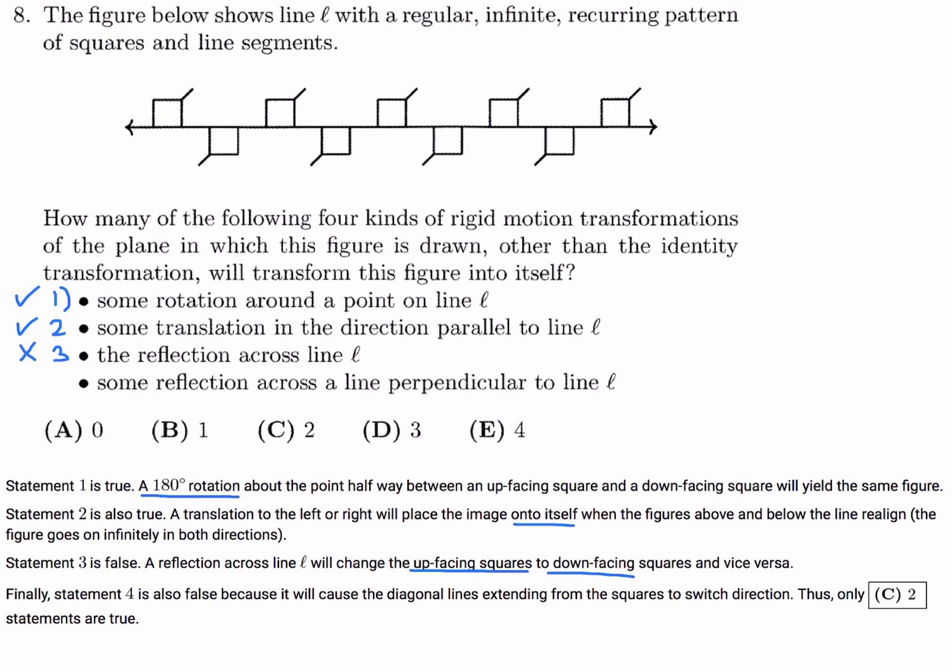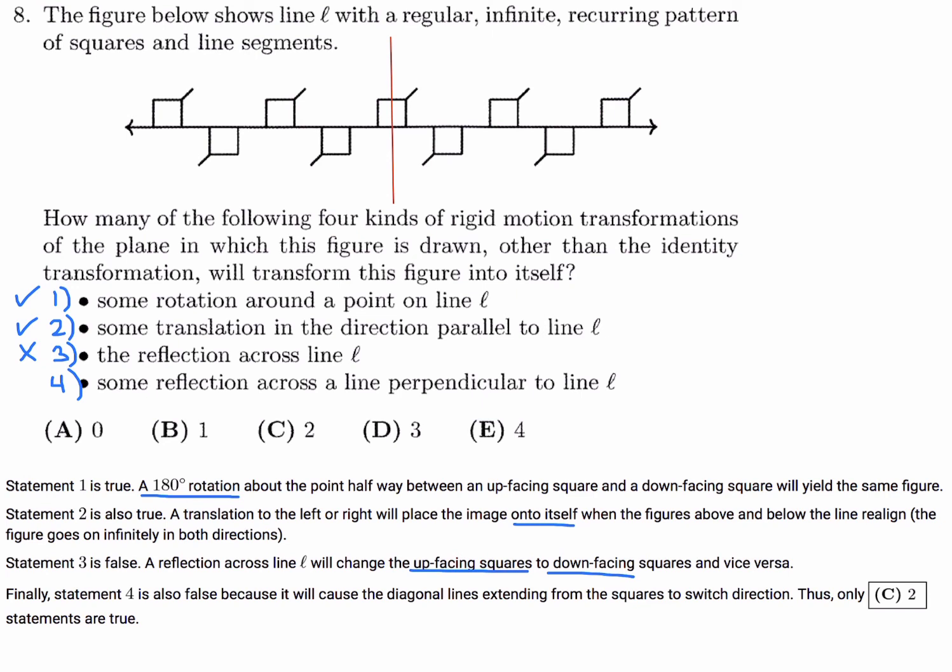That one doesn't work. Okay, so the last one is 4, some reflection across a line perpendicular to L. So now what they're saying is that the mirror is like this. So right down the middle. And at first you might think, yeah, it seems like the squares would be fine. And the answer is yes, the squares would be fine, but notice what happens to these little lines, I guess.